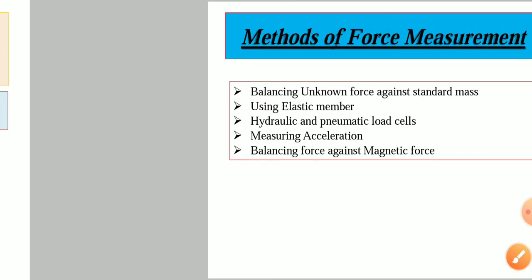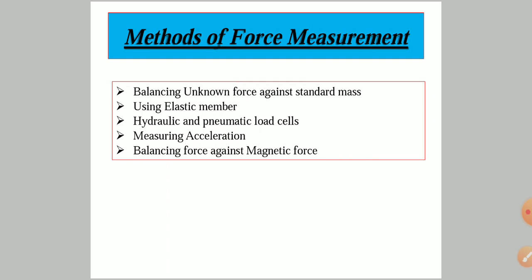The first method is balancing the unknown force against non-gravitational force due to standard mass. The example for this is scale and balance, as we know, the weight balance that is used for balancing.